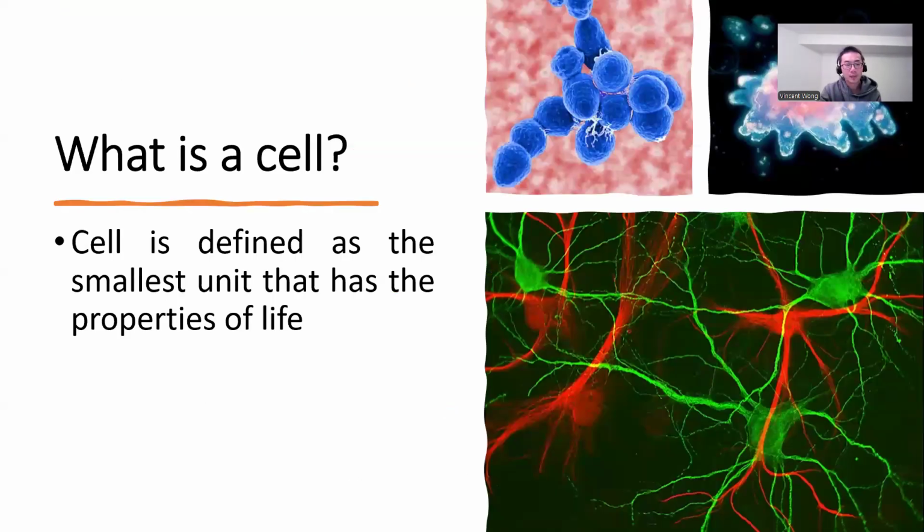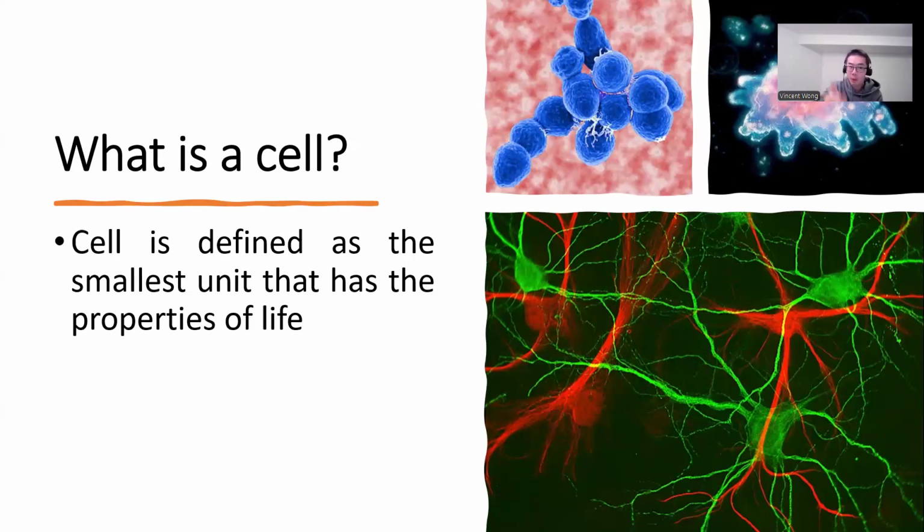So what is a cell? By definition, a cell is defined as the smallest unit that has the properties of life. The characteristics of life that we talked about: require energy, maintaining homeostasis, order, structure, reproduce, right? So a cell is the smallest thing that will still have all those properties.